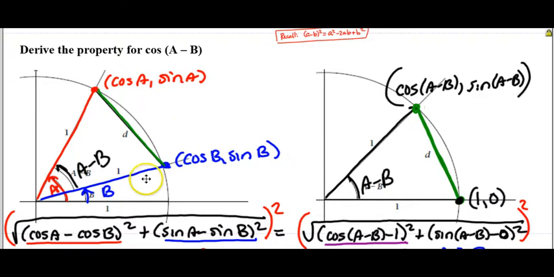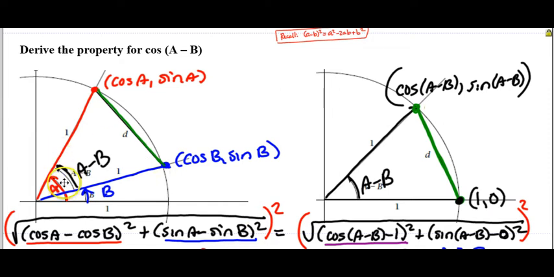I can name angle B right here, and the coordinates of the point that intersects the unit circle here are (cosine B, sine B). I'm also going to say that this distance d is the distance between these two points. So I can name this distance using the distance formula. I can say cosine A minus cosine B, squared, plus sine A minus sine B, squared, and take the square root of that whole thing, and that's this distance right here.